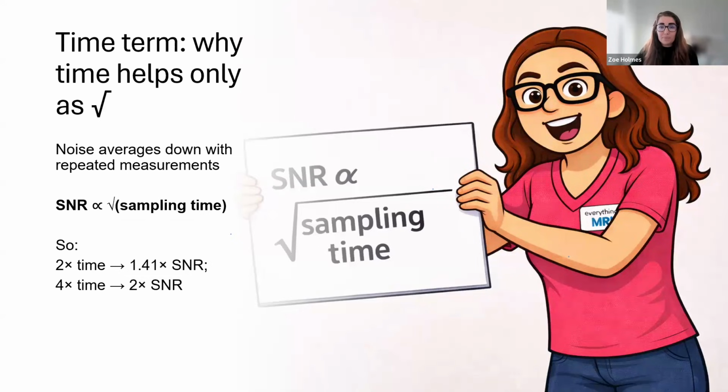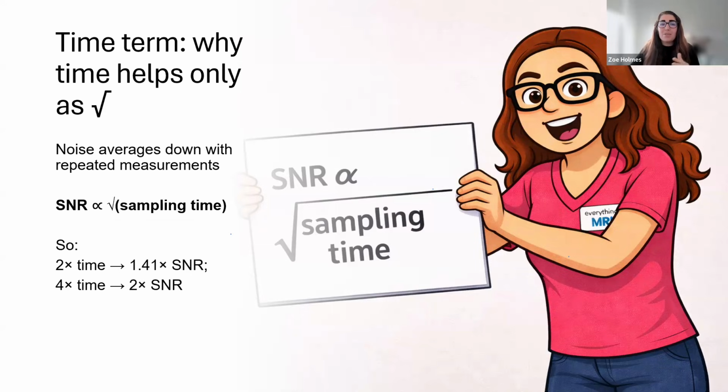So time. Let's explain why time only really helps as a square root. Noise behaves randomly from one measurement to the next. When you average repeated measurements, the true signal adds coherently, but random noise partially cancels out.